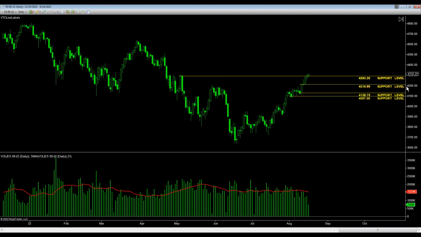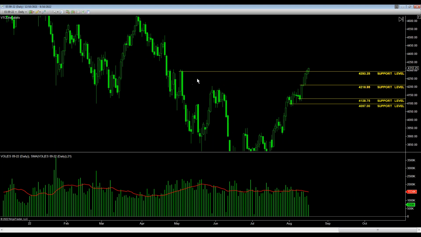So right here, I want to make note of the fact that on ES, we had a major POC. For those of you who are not familiar, a POC is a point of control. In this case, this bar on 5/5/2022 was one of the strongest POCs created in quite some time because of the extensive volume on the bottom here.